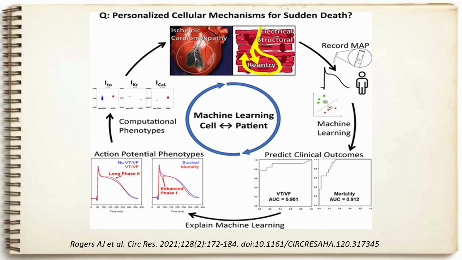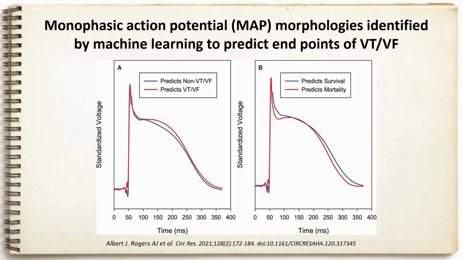This is another application of artificial intelligence in 42 patients who have recorded monophasic action potentials from the endocardium. And then these monophasic action potentials were analyzed by a deep neural network. And what we see is that it can distinguish those patients who will later develop ventricular tachycardia or ventricular fibrillation.